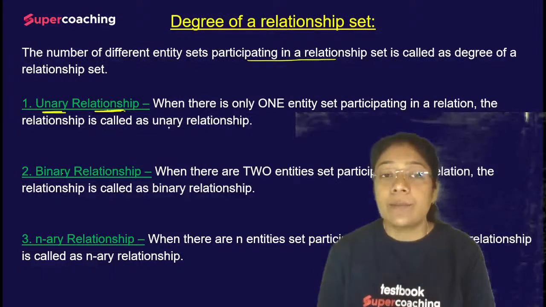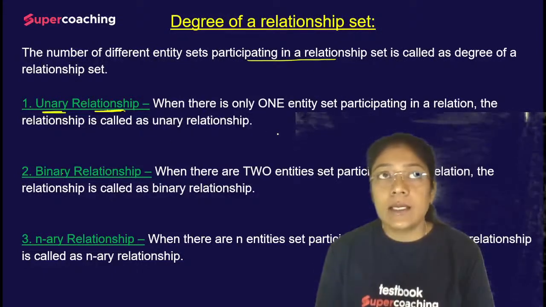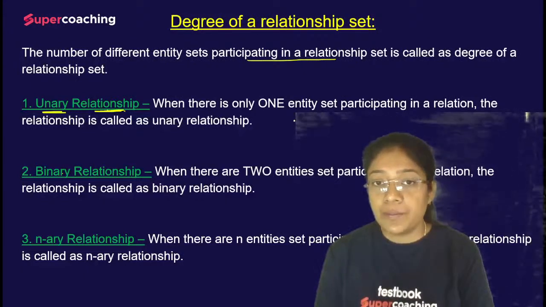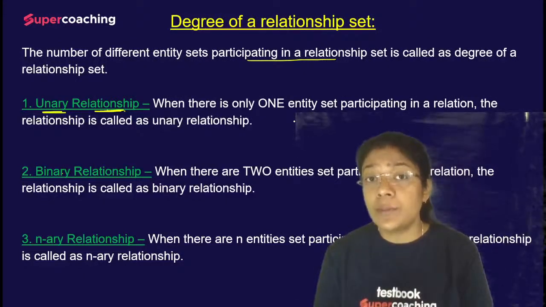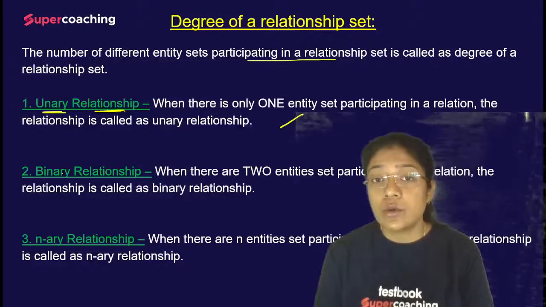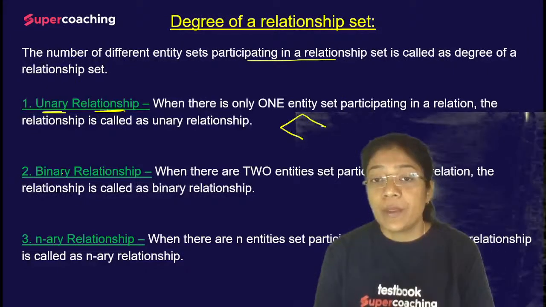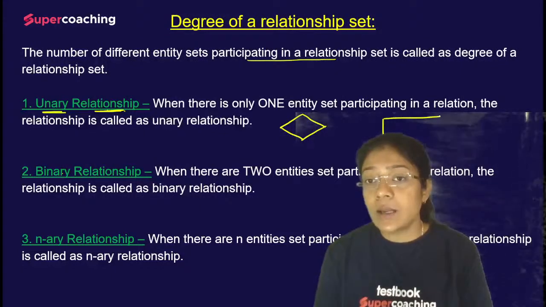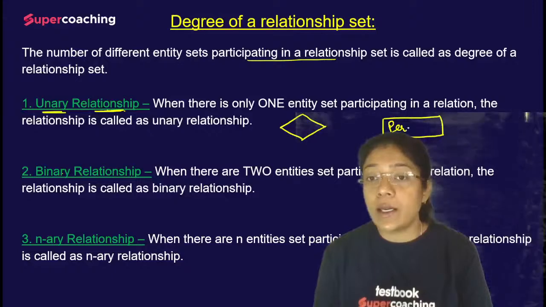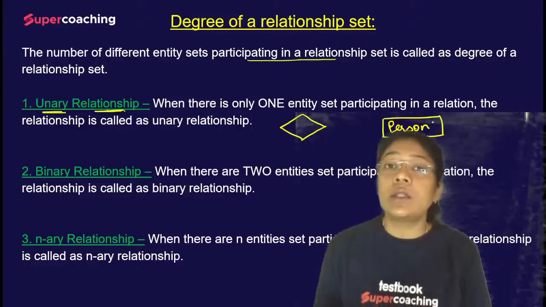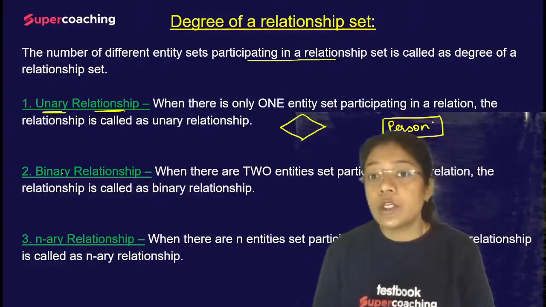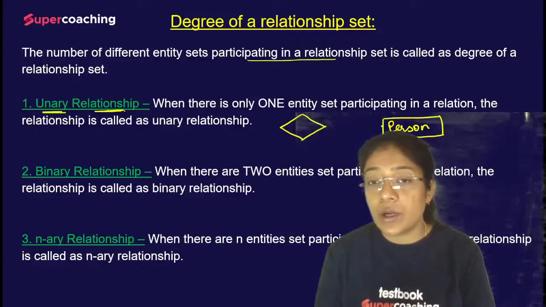Okay, for example, we can say that there is a person who is married to another person. So person is an entity. Person is one entity and it is related to another person with some relationship. So what is that relationship?